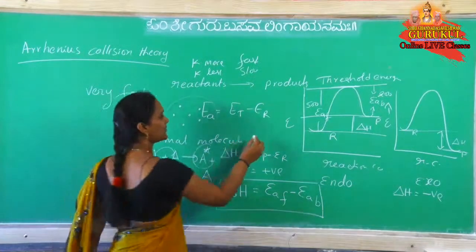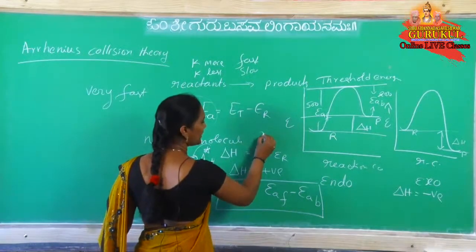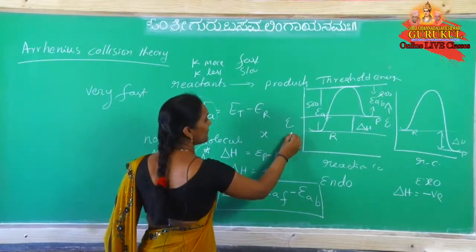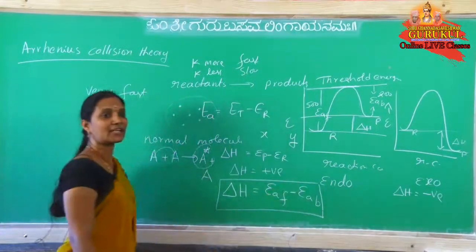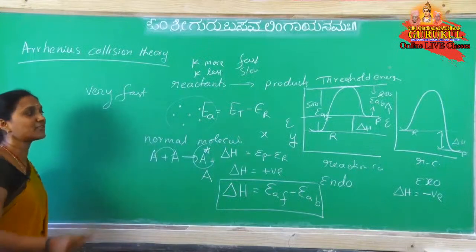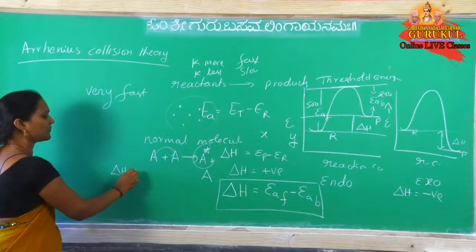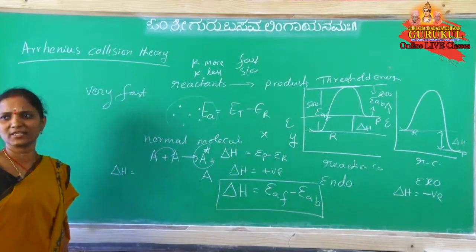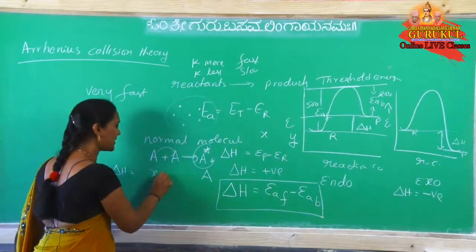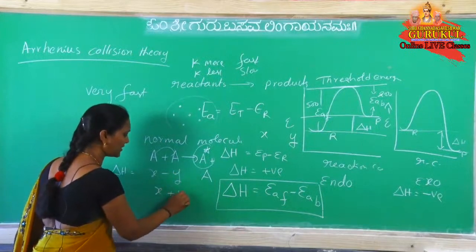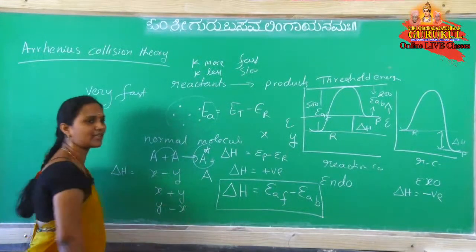Here the activation energy of the forward reaction is X, and the activation energy of the backward reaction is Y. What is the delta H in the exothermic reaction given? Options like X minus Y, X plus Y or Y minus X are mentioned.